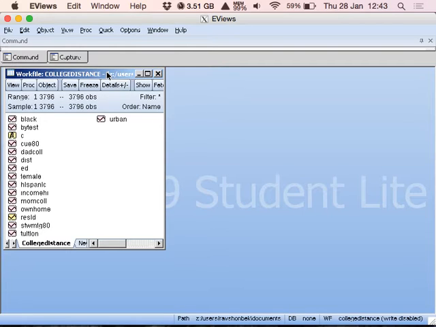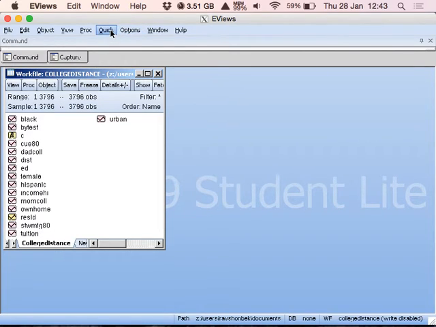So the relationship that we're looking at is the distance between the high school and the four-year college and education, number of years.